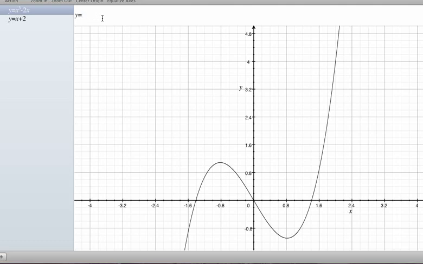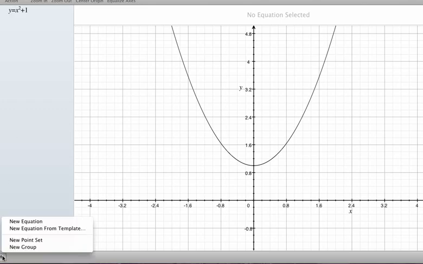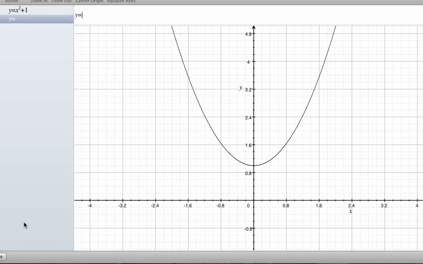So the first one I have is x squared plus 1. Second one I have is negative x squared plus 2x plus 5.